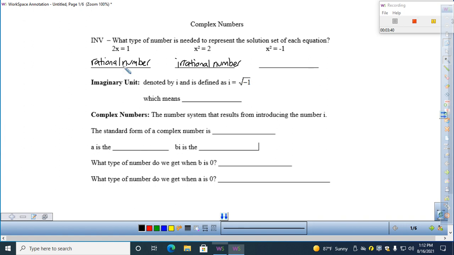Okay, and then I get over to this last one over here, and same idea. I would probably try to undo the square and square root both sides. But essentially, I would get to a point where I'm looking for some number squared equal to -1. Well, I think about it as a positive number squared is going to give me a positive. A negative number squared also gives me a positive.